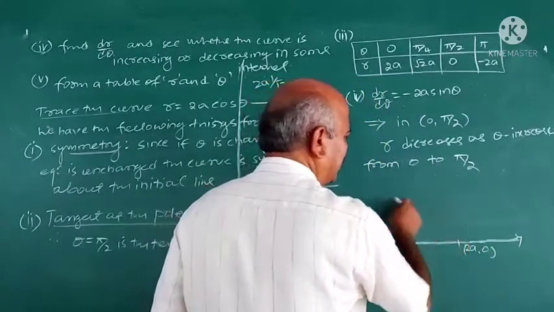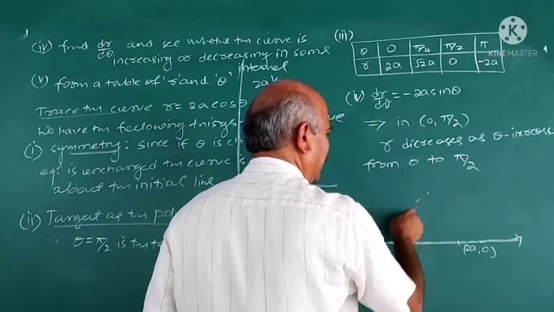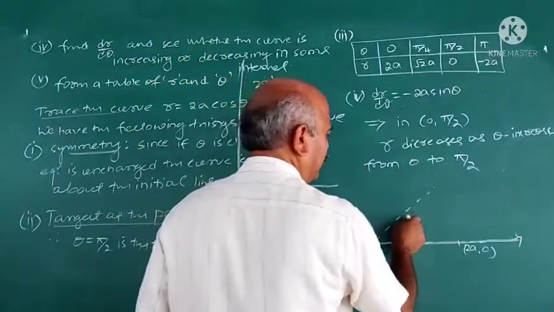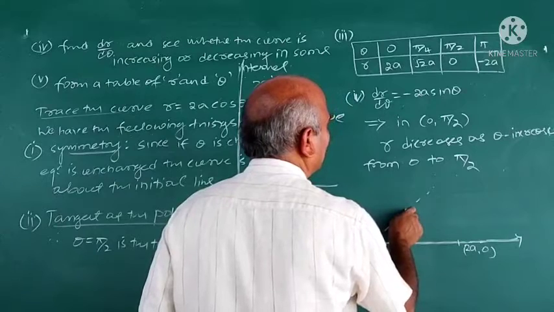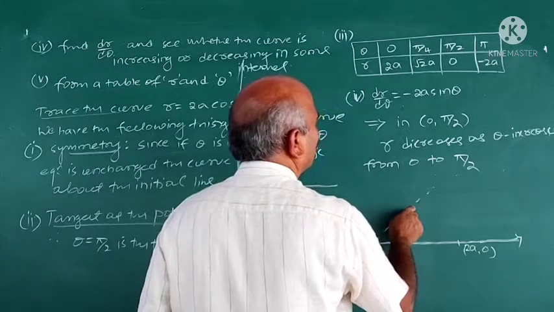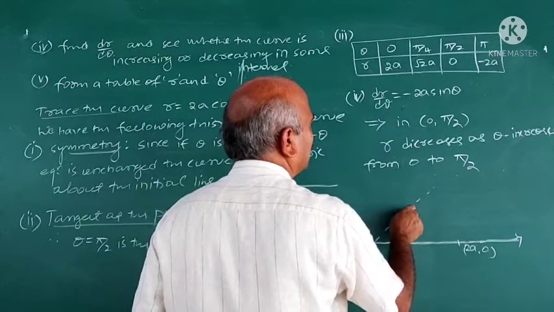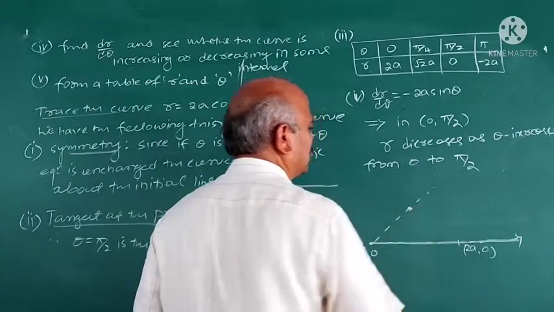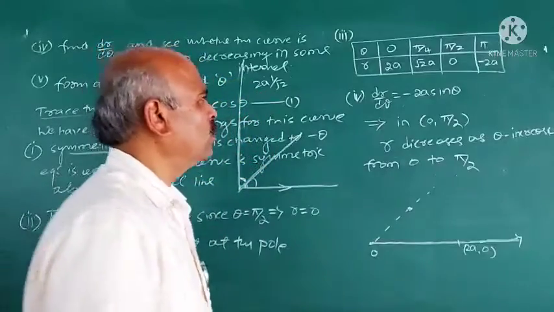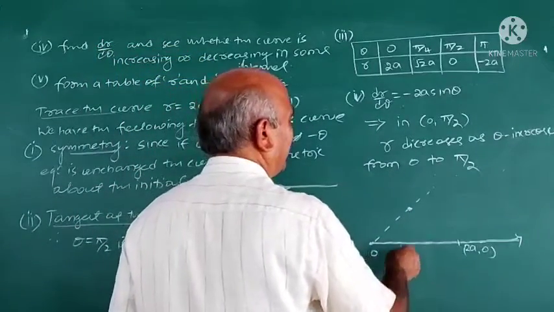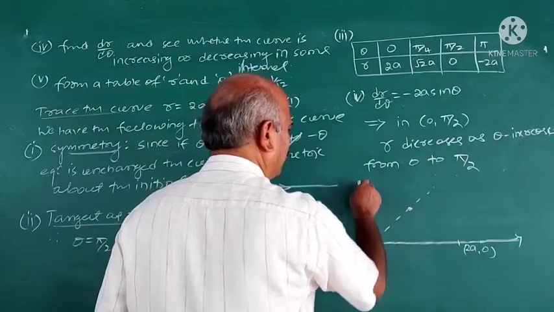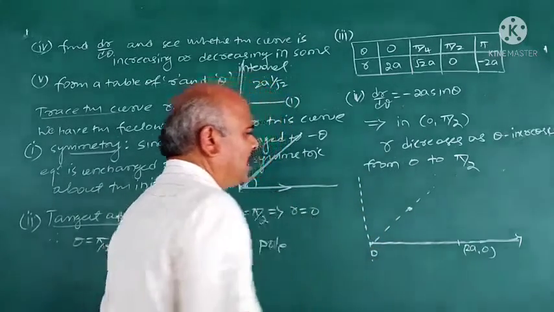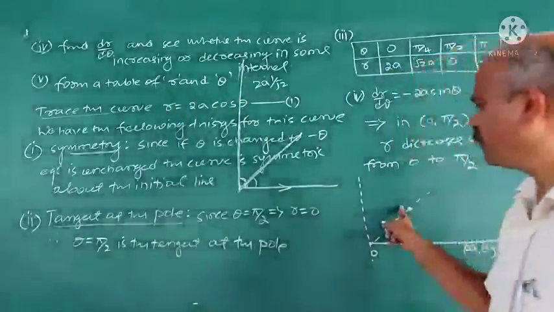Now when theta increases, suppose theta is pi by 4, the value of r decreases and comes to this. What is that? Root 2a. Root 2 is not half, correct? Therefore, I take it like this. This is pi by 4, root 2a. Then pi by 2, 0. This is the line pi by 2. It slowly decreases here.